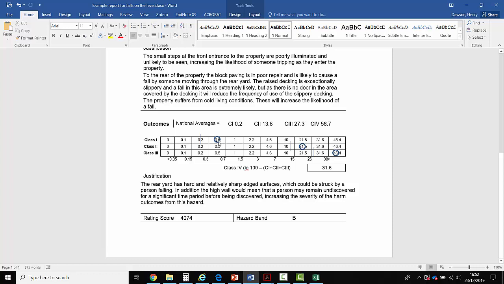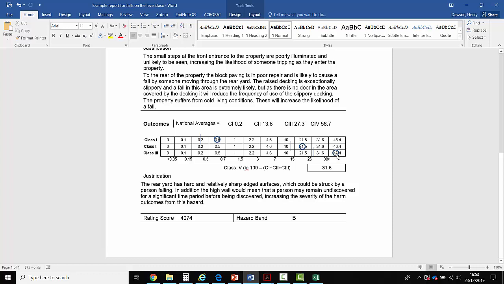Now, if you are increasing the severity of your spread of harm outcomes, then you should do so very cautiously. It's very rare that you will move it more than 1 representative scale point more severe. So we're saying that 0.5% of the time the outcomes will be death or permanent paralysis instead of 0.2% of the time. Then for class 2 outcomes, which are really pretty serious but not as serious, we're saying that 21.5% of the time there will be class 2 outcomes as opposed to 10%.